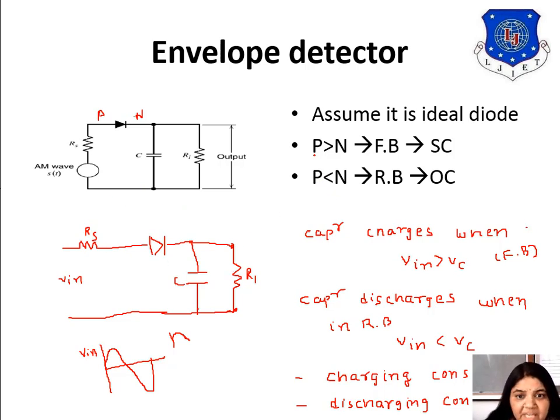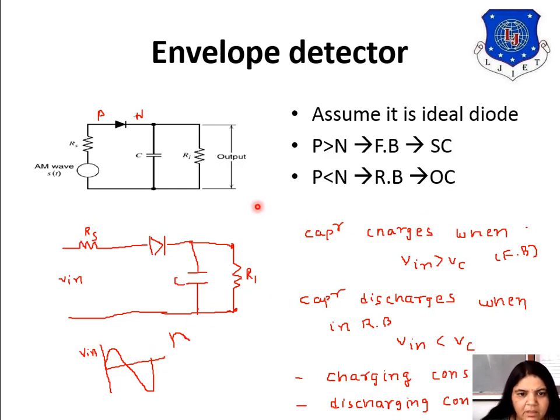So when P is greater than N, you know that the diode becomes forward biased, and when it is forward biased, it can be short circuited. But when P is less than N, it is reverse biased and it works as an open circuit.